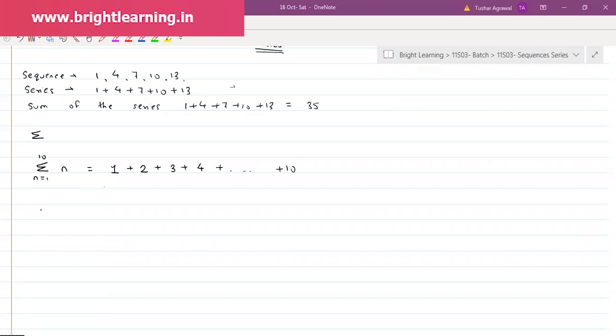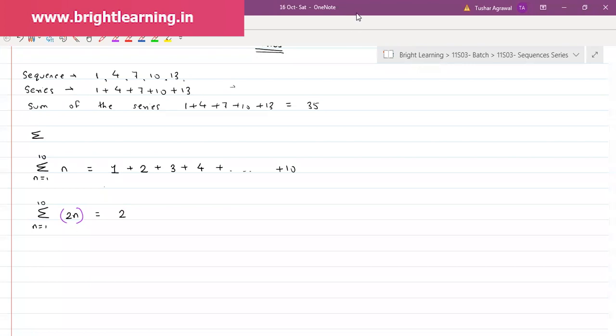Then suppose now I tell you summation of 2n, where n varies from 1 to 10. So what will this become? Here the individual terms are represented by 2n. When n is equal to 1, the first term becomes 2 multiplied by 1, that is 2.